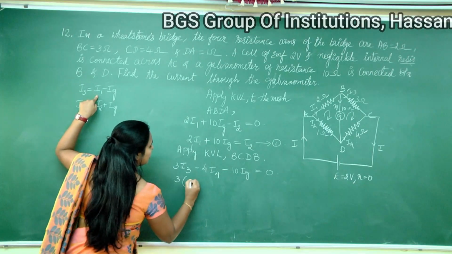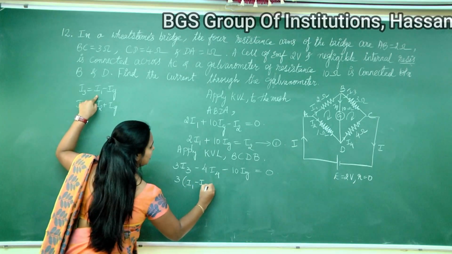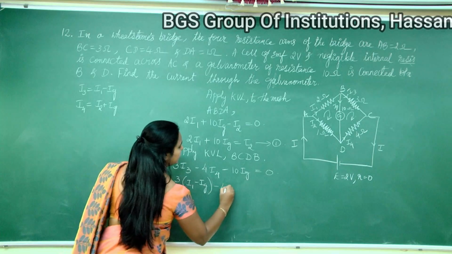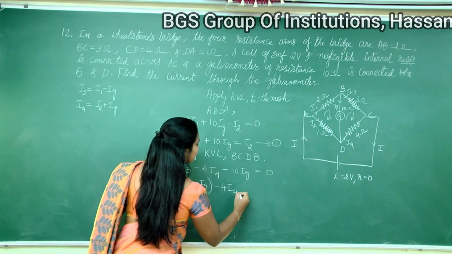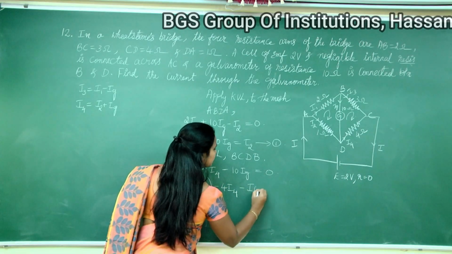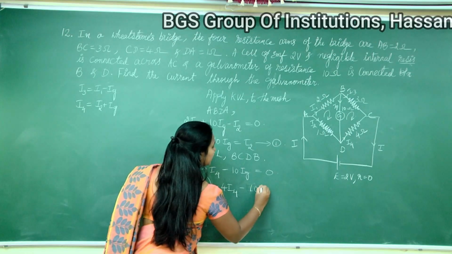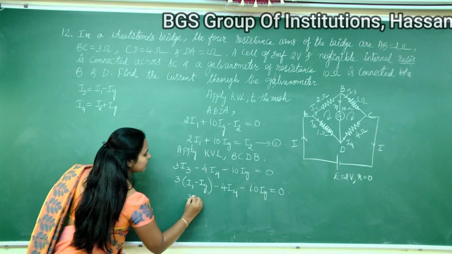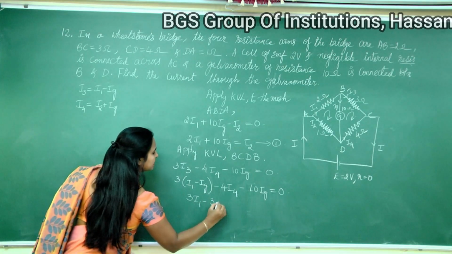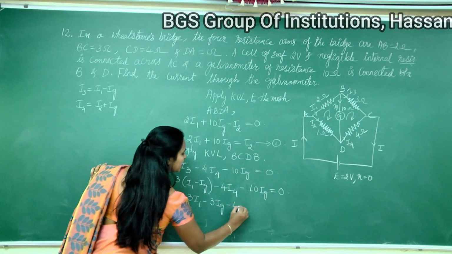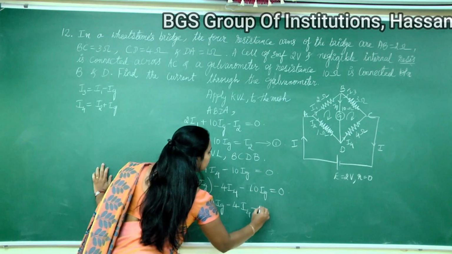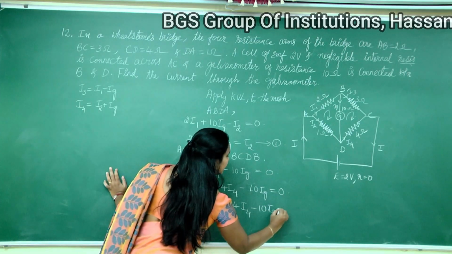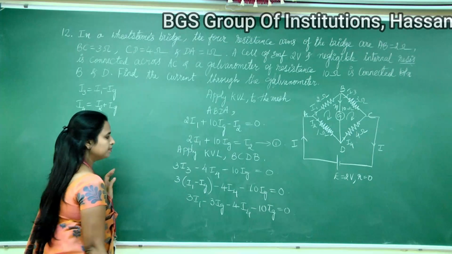It is I1 minus Ig. So 3 times (I1 minus Ig) minus 4I4 minus 10Ig equals 0. Then 3I1 minus 3Ig minus 4I4 minus 10Ig is equal to 0.